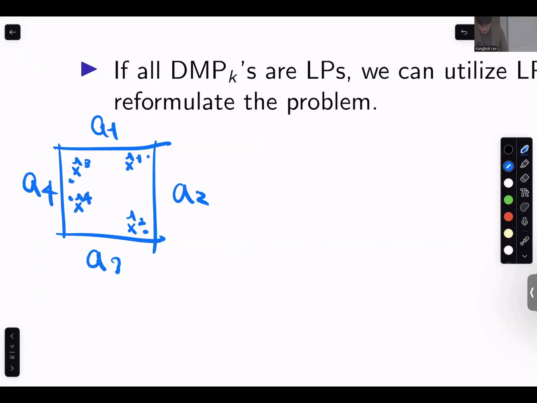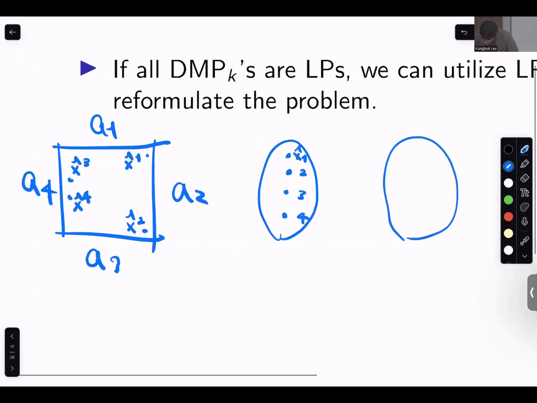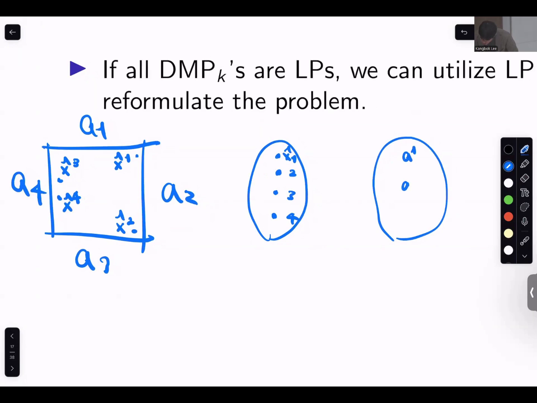Okay, if I were given these 4 A vectors and 4 data points, I can also treat this as some kind of bipartite graph. There are 4 X hats, X hat 1, 2, 3, 4, and there are 4 A's, A1, A2, A3, and A4.